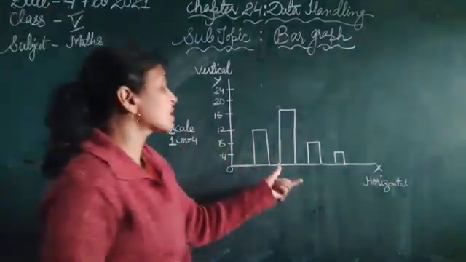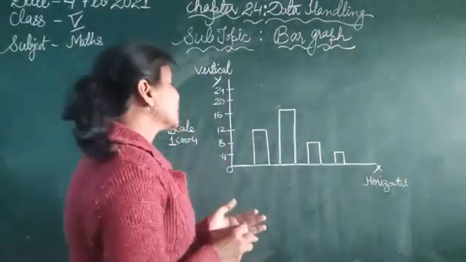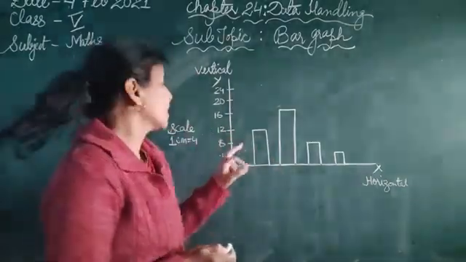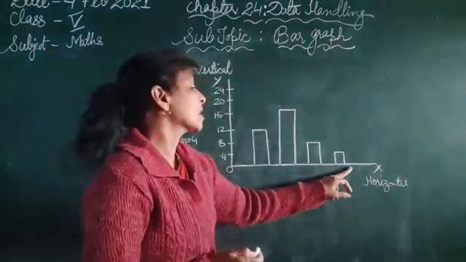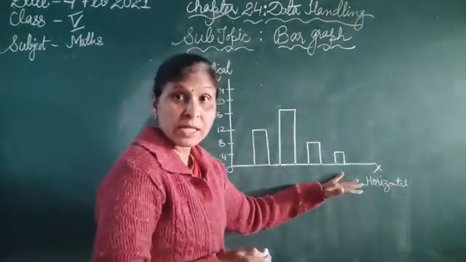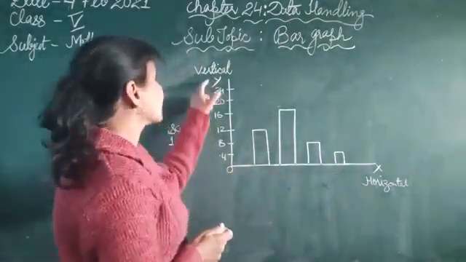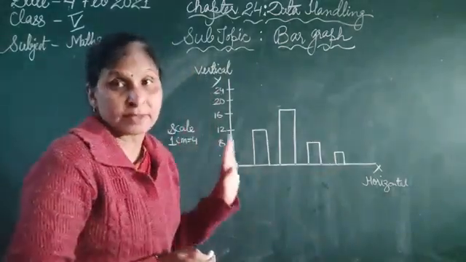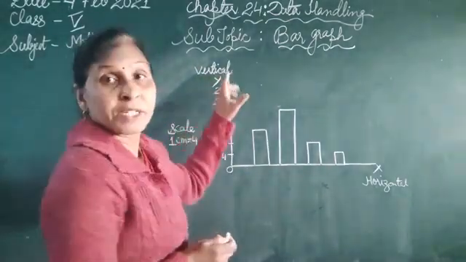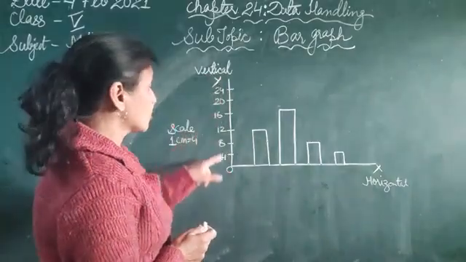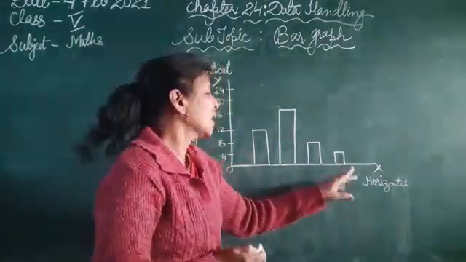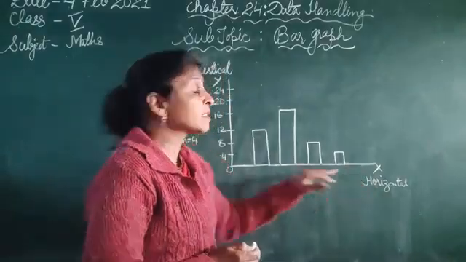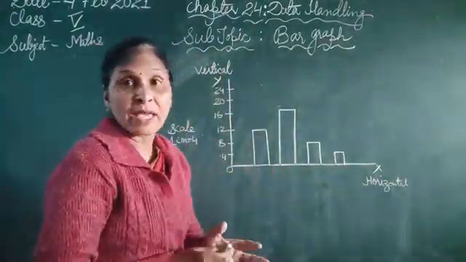Here in this bar graph, you see the two axes. This we call the x-axis, that is the horizontal line, and this axis is called the y-axis, that is the vertical line. This shows the vertical and this shows the horizontal. It means this is the x-axis and this is the y-axis.